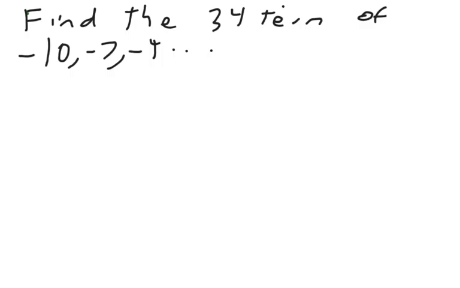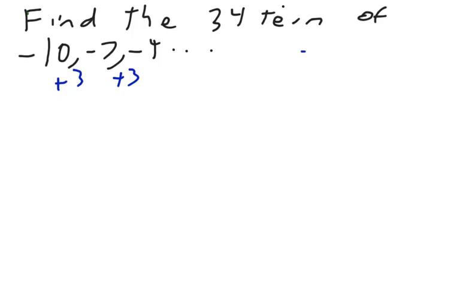Our second example says find the 34th term of negative 10, negative 7, negative 4. Now if you notice, each one of these has gone up by 3, but I'd really rather not go through this 34 times.